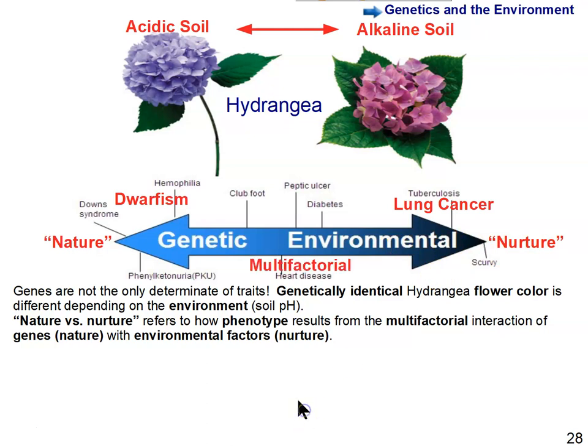And then we have in between multifactorial things like diabetes and ulcers and heart disease, obesity. So you may be predisposed to these things genetically, but you're not necessarily going to have those phenotypes if you do certain things or are exposed to certain things or not exposed to certain things. So, for example, you may be genetically predisposed to obesity, but if you work out like crazy and watch your diet, you're not necessarily going to be obese.